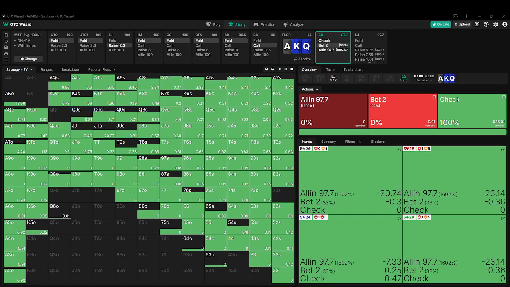But the idea is to keep these consistent so we can develop some heuristics based on the board texture. And if after this training you're interested to explore further, you can see how those heuristics hold up or how they vary with different positions or different stack sizes, so you can pivot based on that. But it's just to give a little bit of a foundation to work with at least.